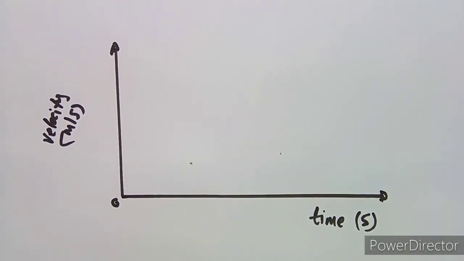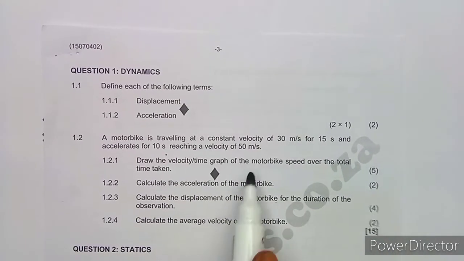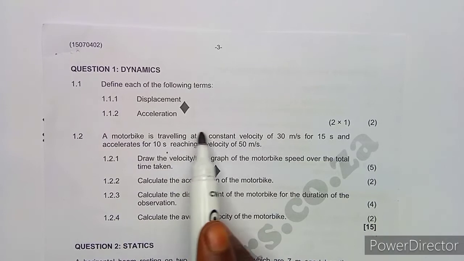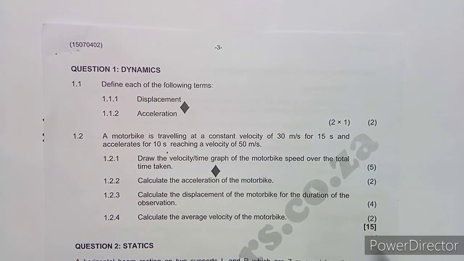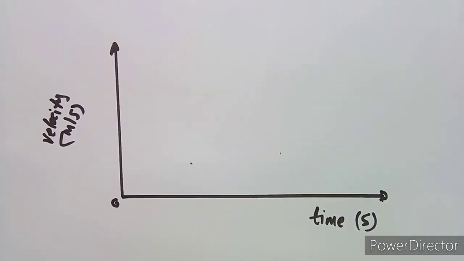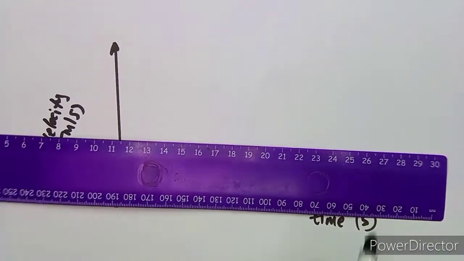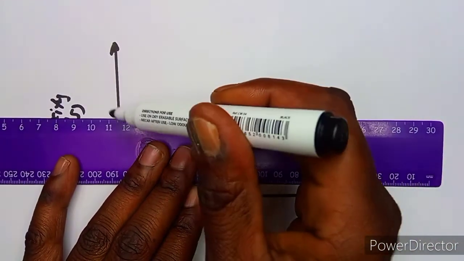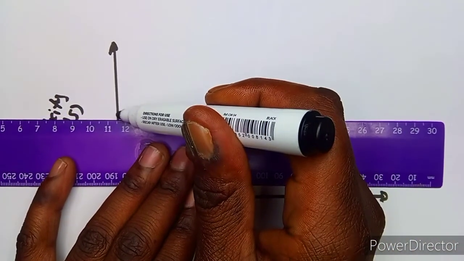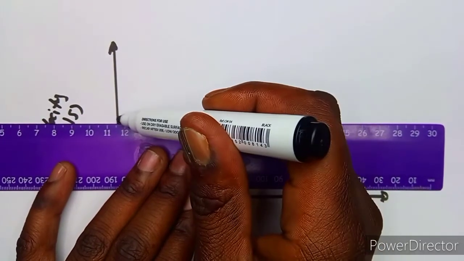So what is happening is that this object is at a constant velocity. A constant velocity is a straight horizontal line. So we're going to draw a horizontal line at 30. That's the velocity, and it's for 15 seconds. So you can just draw a straight line to show that it's a constant velocity.